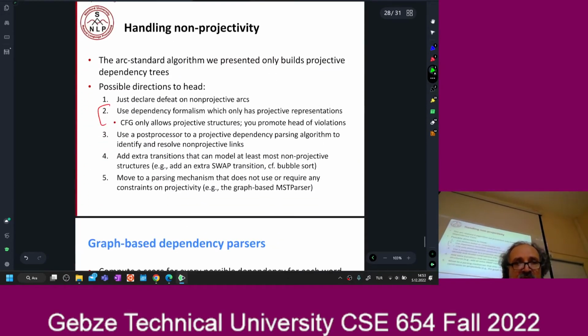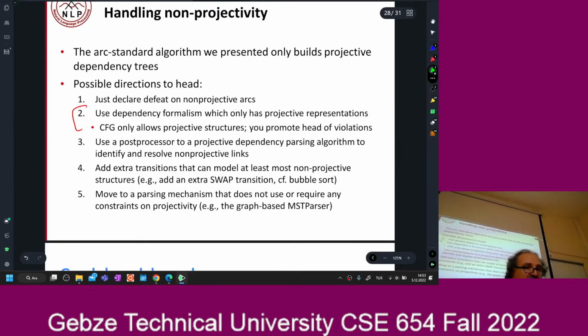So what are we going to do with the non-projective cases? Well, we just say that we don't handle non-projective arcs. That's it. Like the context-free grammars. Use a dependency formalism which only has projective representations. If you originate from context-free grammar, then everything has to be projective.